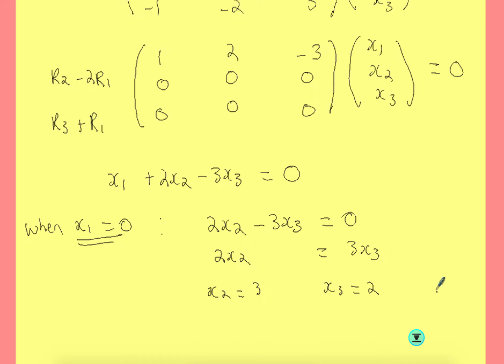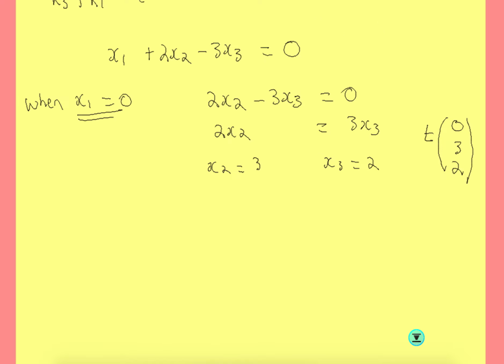So that would give me this eigenvector 0, 3, 2. But remember, this is for 2 eigenvalues. You've got repeated eigenvalues, so I need to get a second eigenvector if I can.